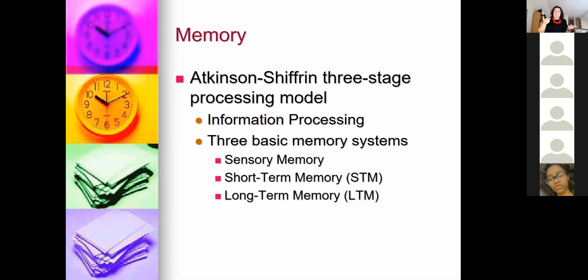However, if there's something in short-term memory that's important, then you might practice it, and you might try to encode it, and you might try to move it to long-term memory. And long-term memory is that storage phase of memory. So it's permanent and limitless. And again, sometimes it will fade for various reasons that we've talked about.